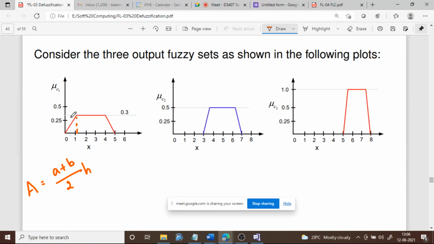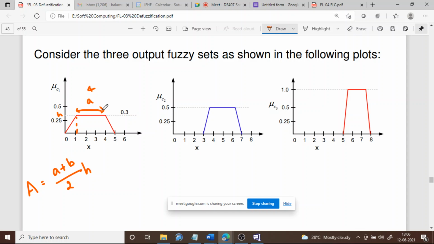In this case it is 0.3, so we can say H is 0.3. And what is A? The top width is called A. You can see it is between 1 and 5, so 5 minus 1 is 4.